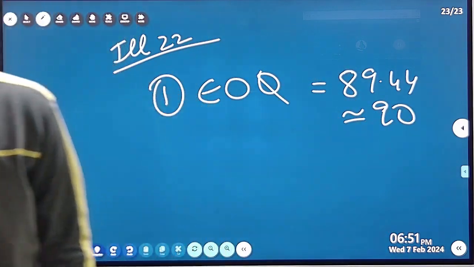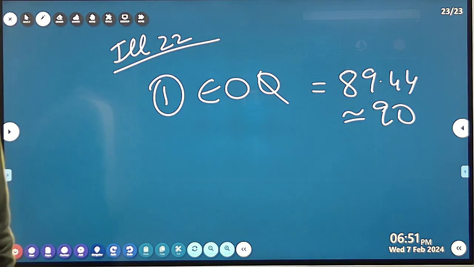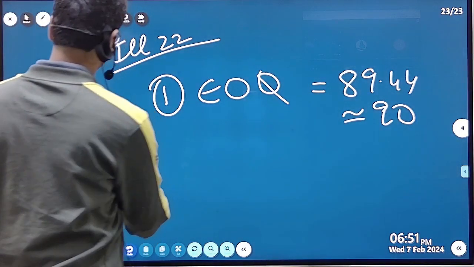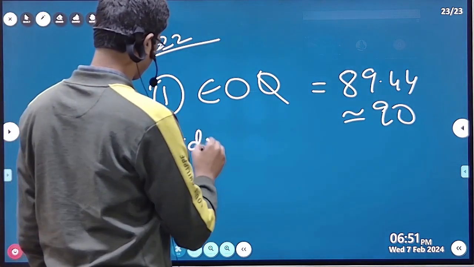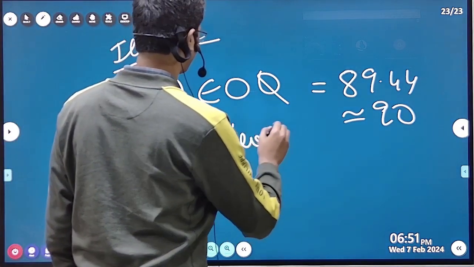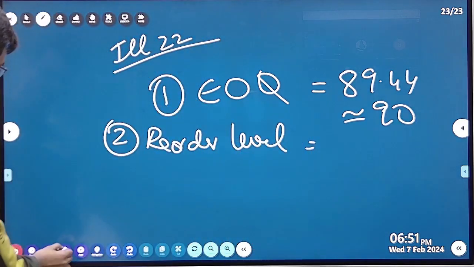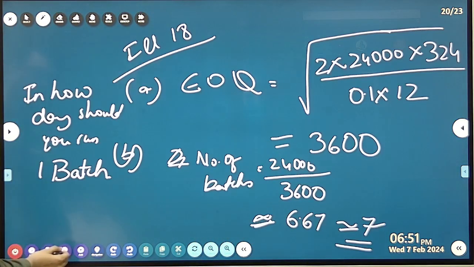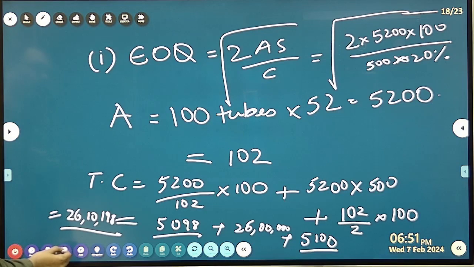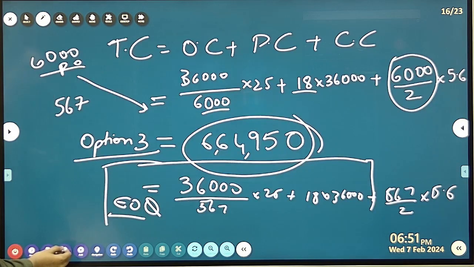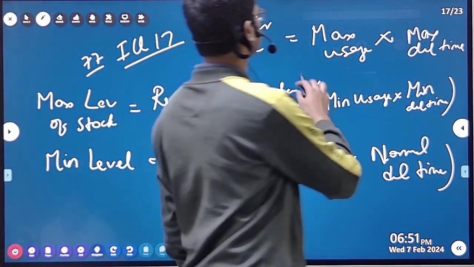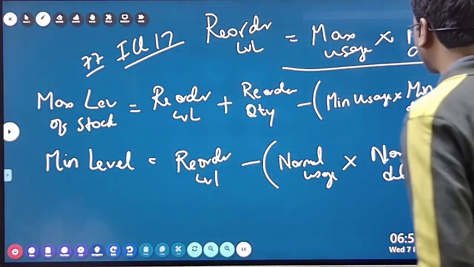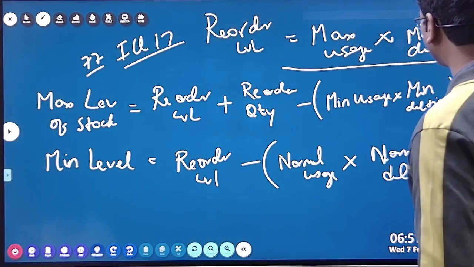And the reorder point or reorder level. So reorder level, we have seen the formula. Let us recap. So this is maximum usage into maximum delivery time.